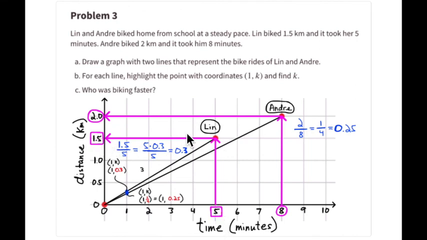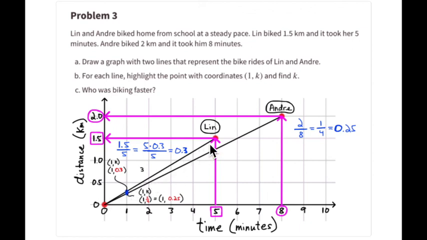So that's 1.5 kilometers per 5 minutes. 8 minutes, 2 kilometers, so that's 2 kilometers per 8 minutes. And those simplify to 25 hundredths of a kilometer in 1 minute, or 3/10 of a kilometer in 1 minute. So Lynn is traveling slightly faster.